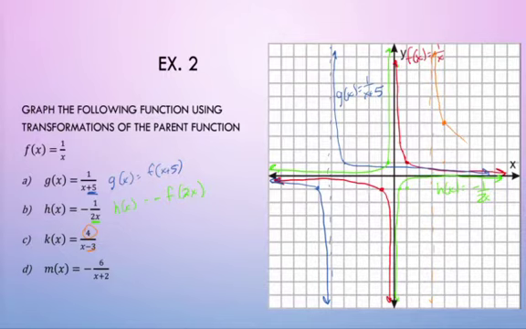So this is still going to go to infinity, it's just thicker right here. 1, 2, 3, 4. So still go to infinity here, and still go to infinity there. That's k of x equals 4 over x minus 3.